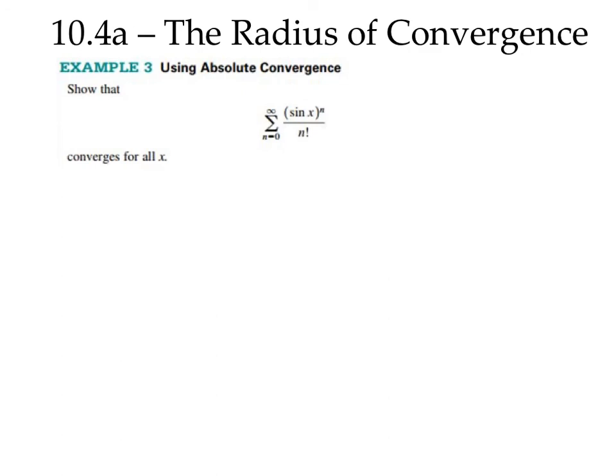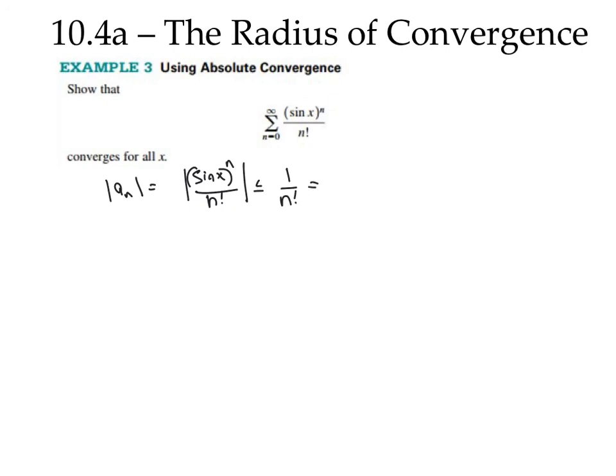Let's look at the absolute value of the nth term. Now, the absolute value of sine of x is always in between -1 and 1. And if we take a look at that, it's term by term going to be less than or equal to 1 over n factorial.